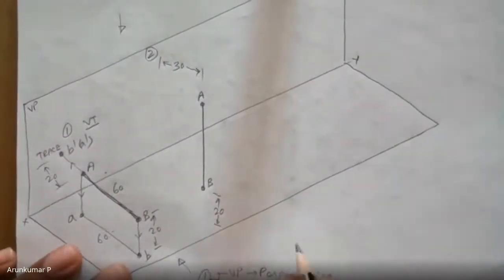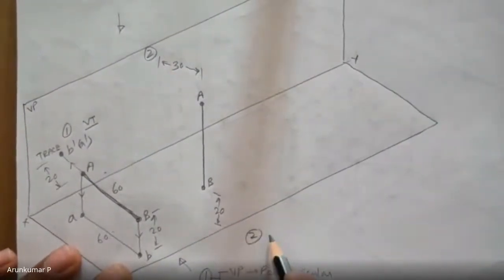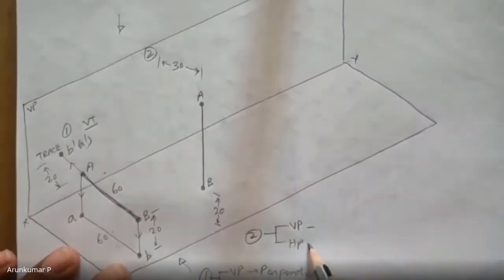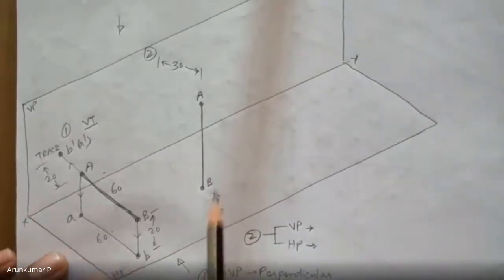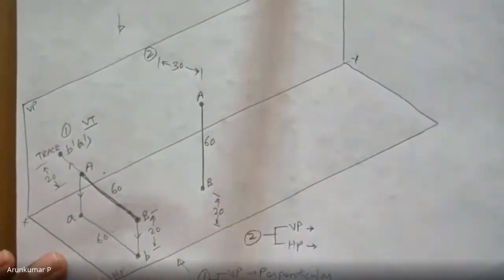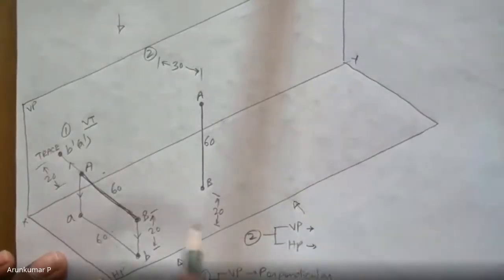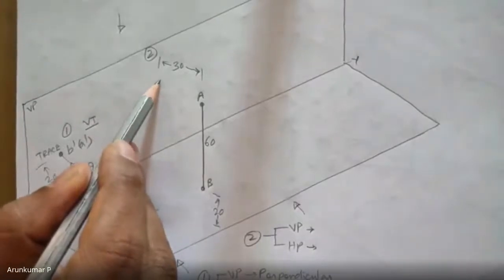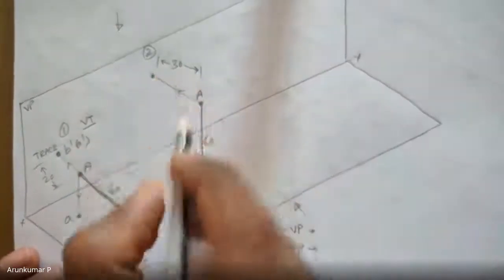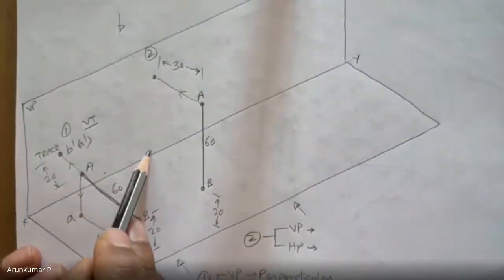So this second case, what do you feel by looking at it? This line AB, whose length is again, you can say 60 mm, no problem. Is it parallel to any plane? Which plane? VP. Exactly. So if you look in the front view, then you can see the rays of light are going to pass through A and maybe intersect here on VP at this point, and then the rays of light are going to pass through here.